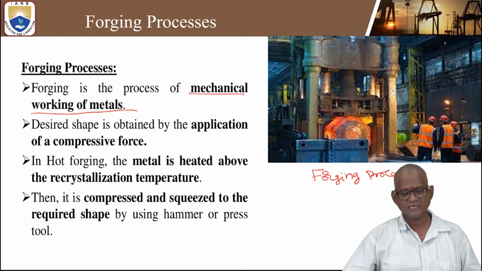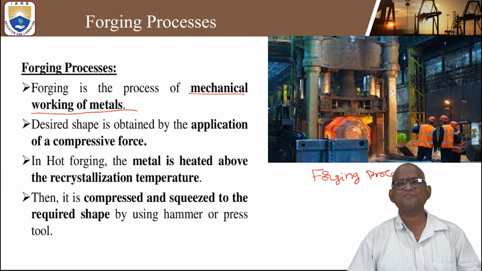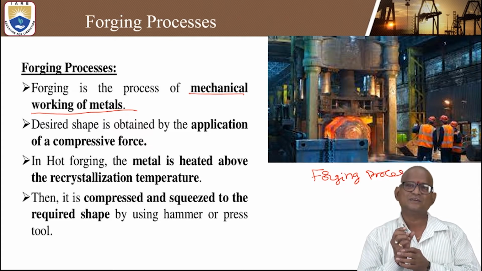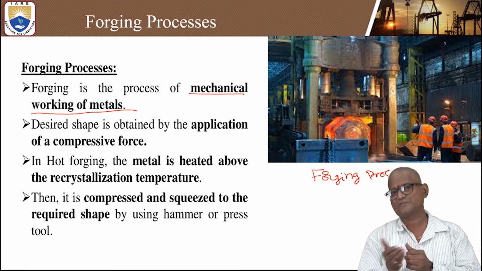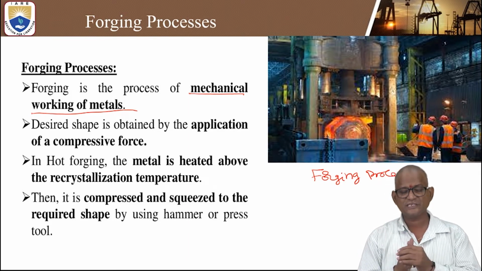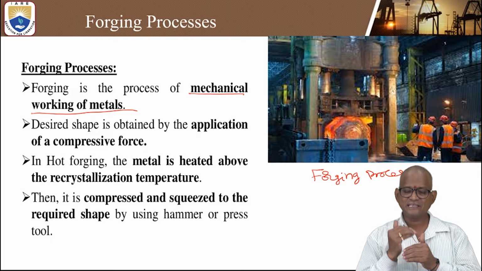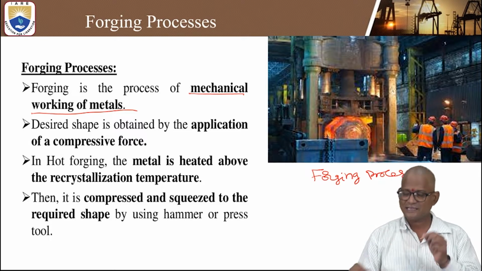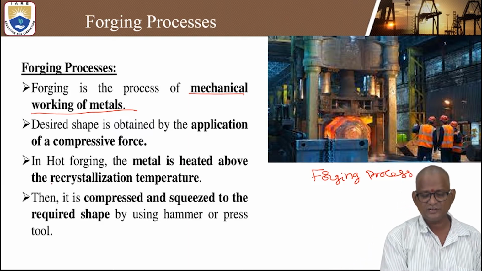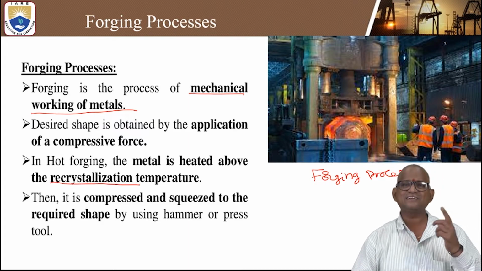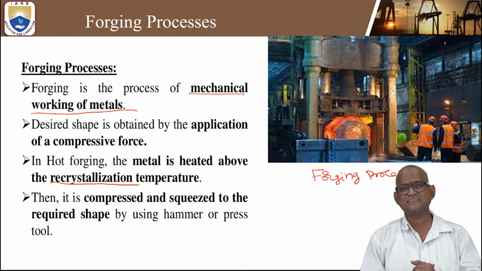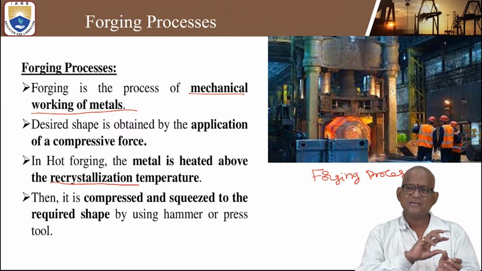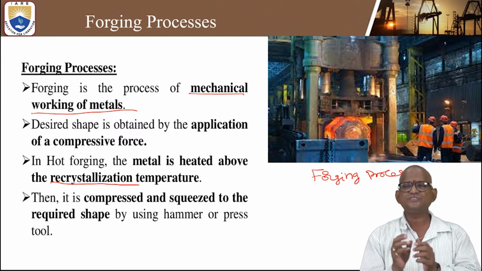One more thing: what is meant by a hot forging process? As you know, hot forging comes under the hot working process, where the metals are heated above their recrystallization temperature. Here another important term is recrystallization, which we have studied in detail. Recrystallization can be defined as the transformation of old nuclei into new nuclei.